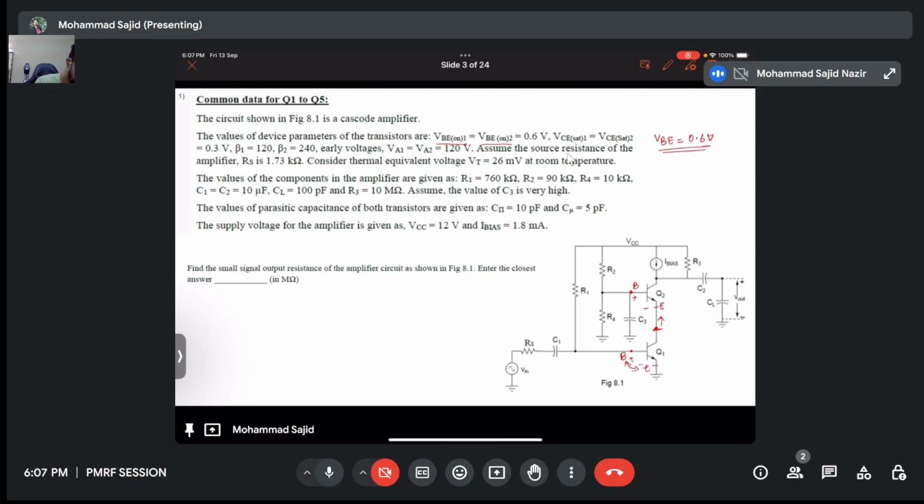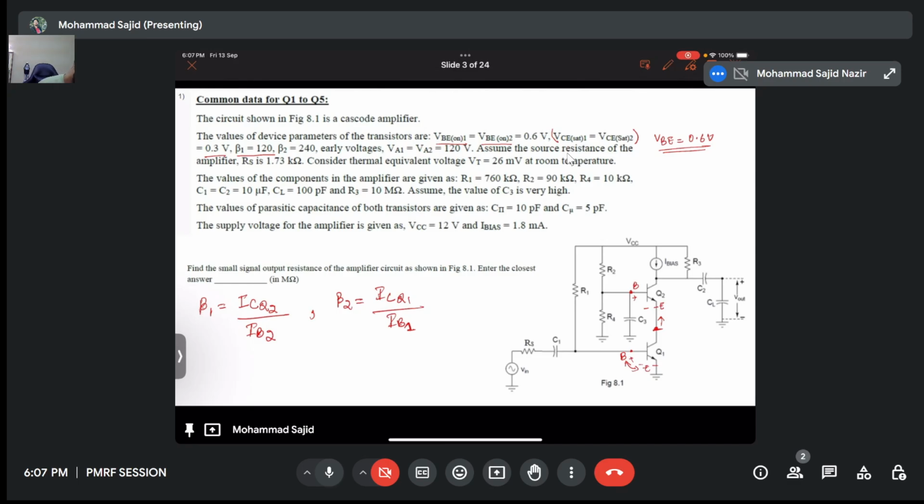Also, VC sat 1 is equivalent to C sat 2, equivalent to 0.3 volt. Beta 1, that would be, let's call it for now as ICQ2 divided by IB2, and beta 2 as ICQ1 by IB1. Okay.